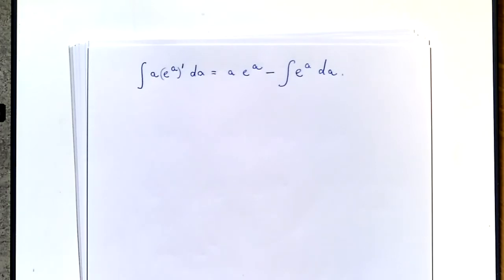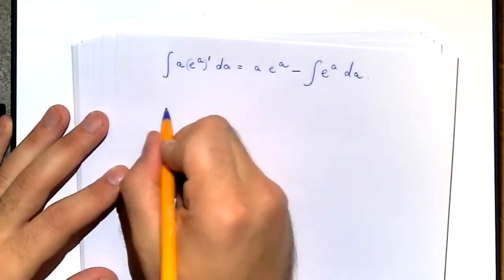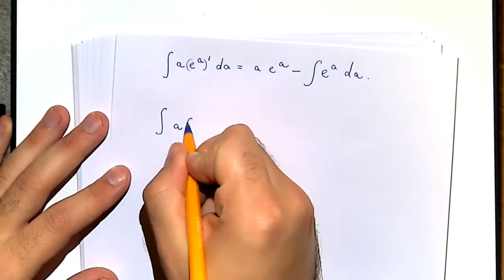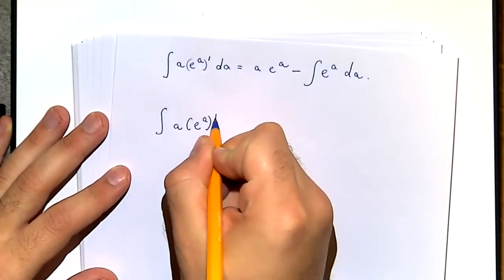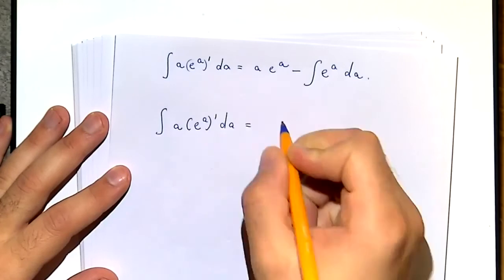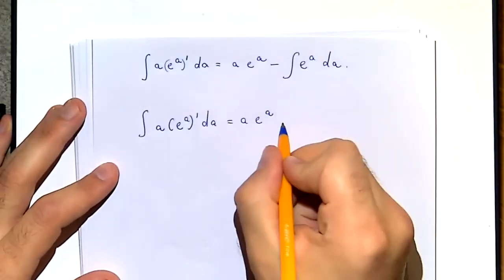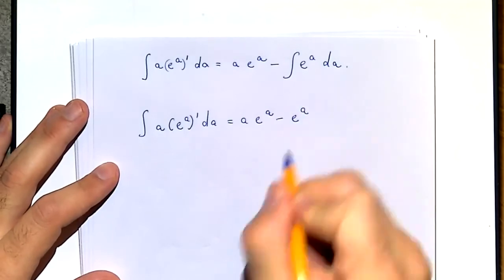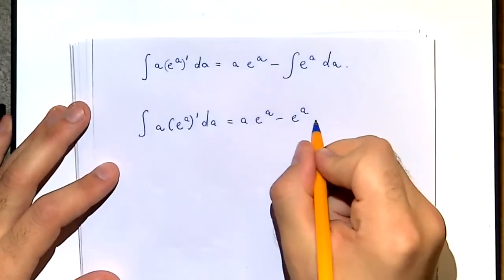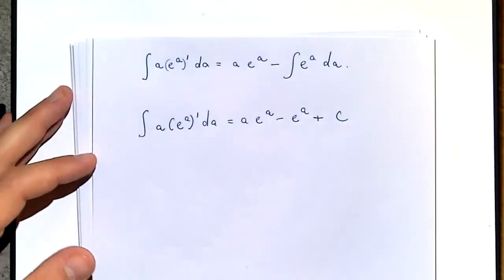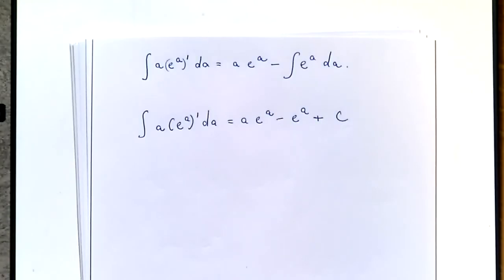Now, what is the integral of e to the power of a? It's the same thing. So my answer is a e^a minus e^a plus a constant. Don't forget about the constant. And this is my answer.